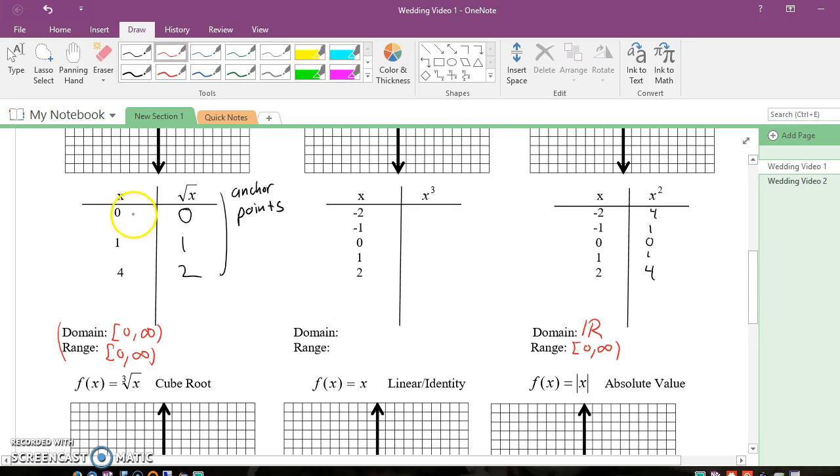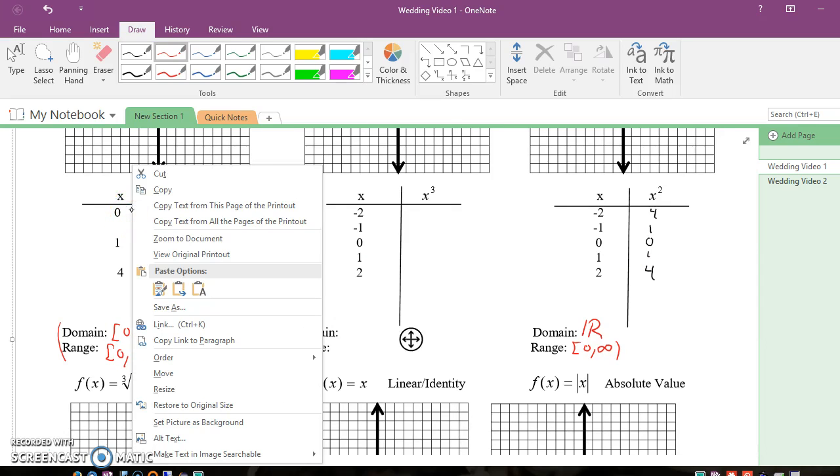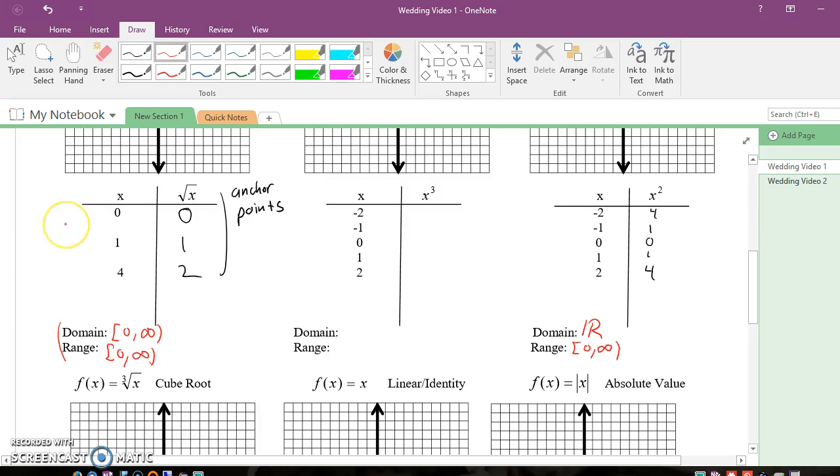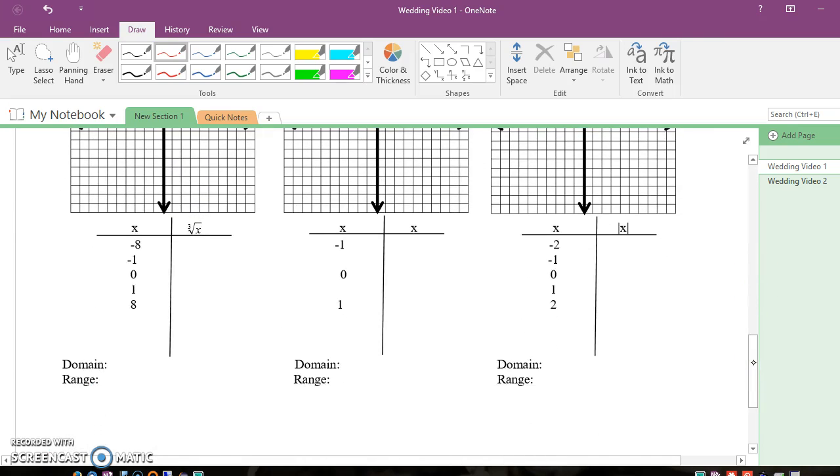The x's for square root are pretty easy because they're what works out evenly, and the x's in cube root also work out evenly. So with knowing this, it's very easy to come up with the anchor points without having to sit down and recite them to yourself again and again.